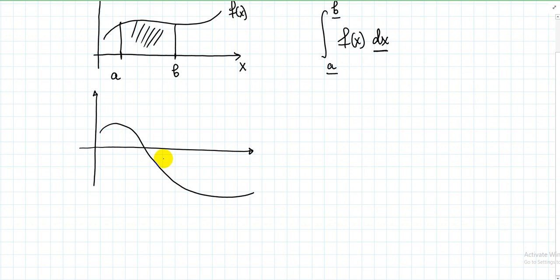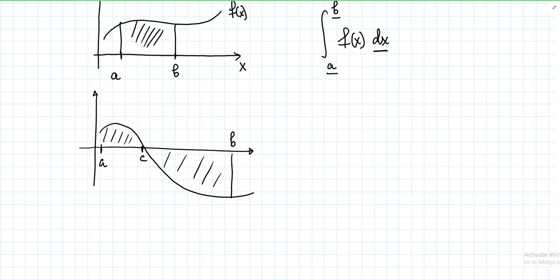You would like to find, for example, this area, from a to b, okay? If I say, tell me what is the area, you cannot just integrate this function from a to b. You have to integrate from a to c first, then from c to b separately, okay?